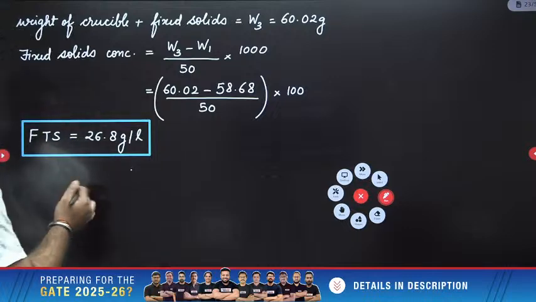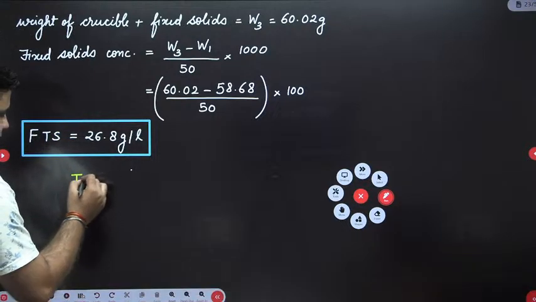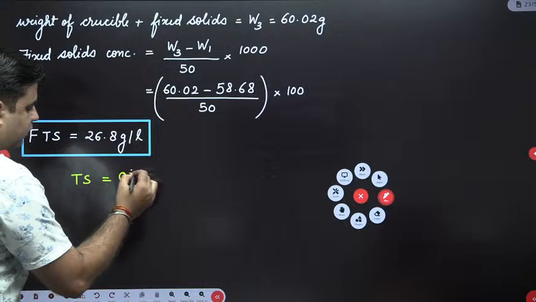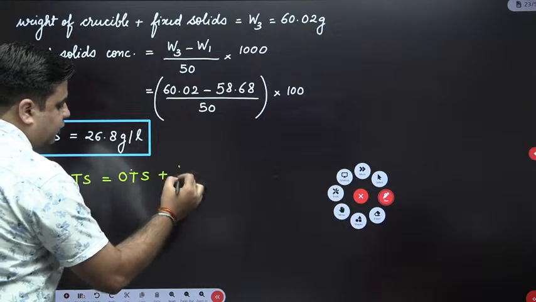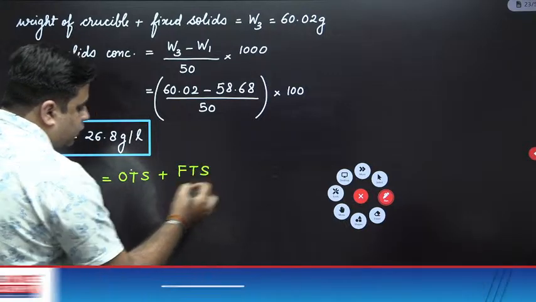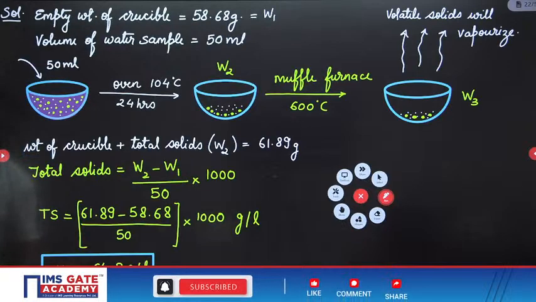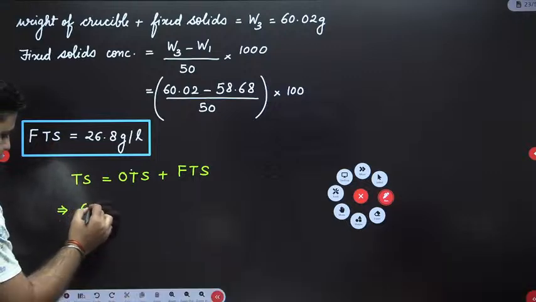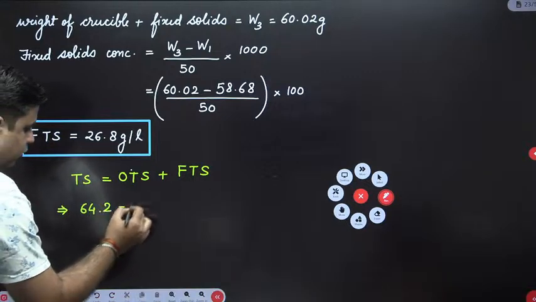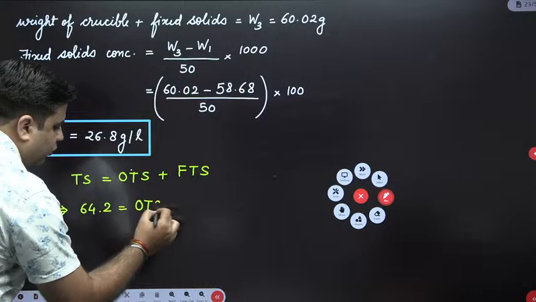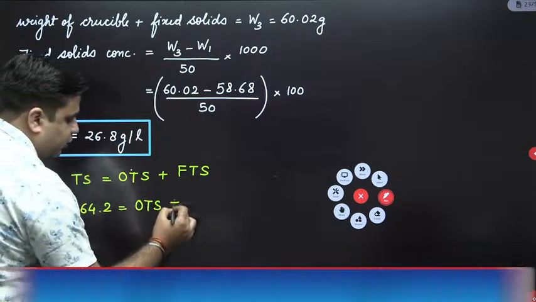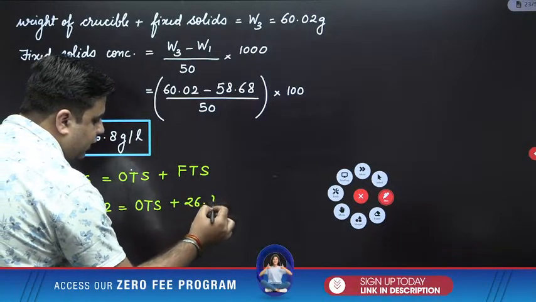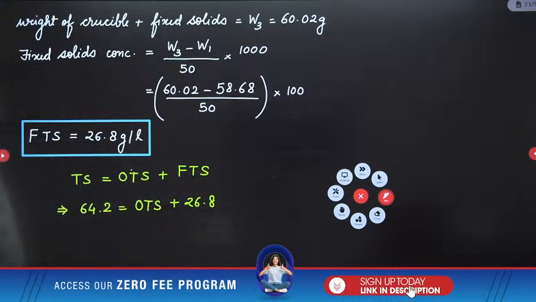So we can use this relation: total solids is the sum of organic total solids plus fixed total solids. Total solids you have calculated as 64.2 grams, fixed total solids is 26.8, and organic total solids you need to find out. Please tell me the value of organic total solids.